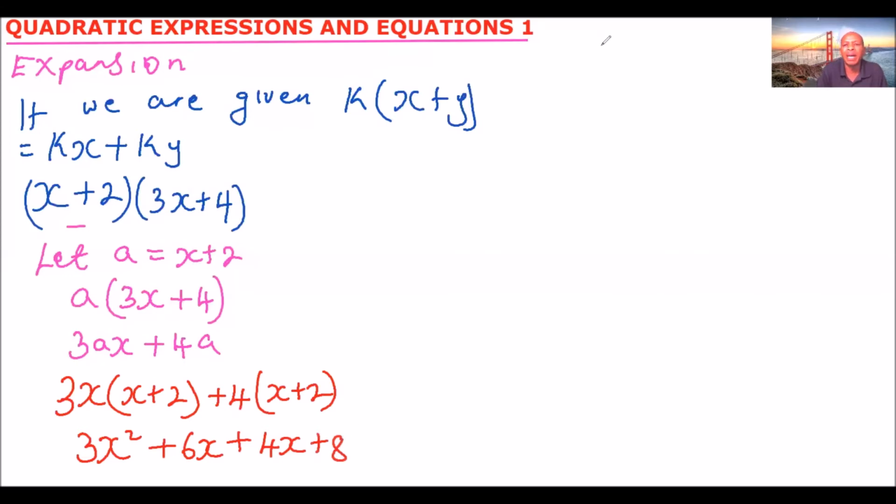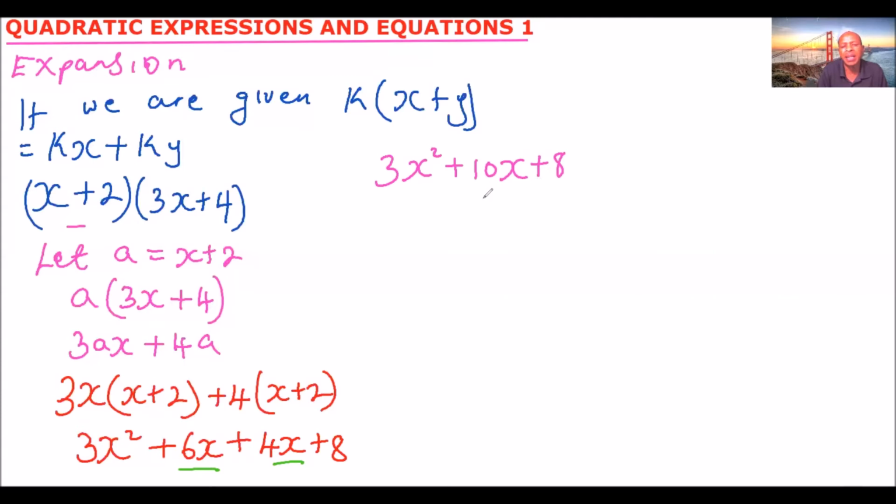Now, from our expression here, we don't have any like term with x squared, but we have 6x and 4x, they are like terms. So we can add them up: 3x squared, 6x plus 4x gives 10x, plus 8. So that is how you expand a quadratic expression.